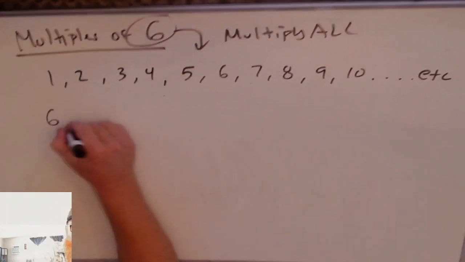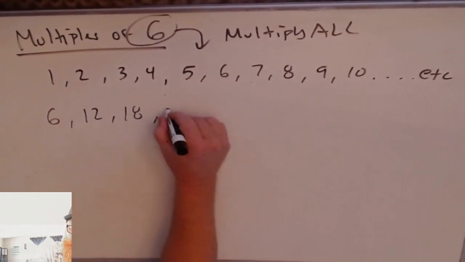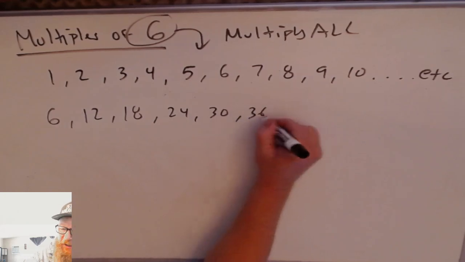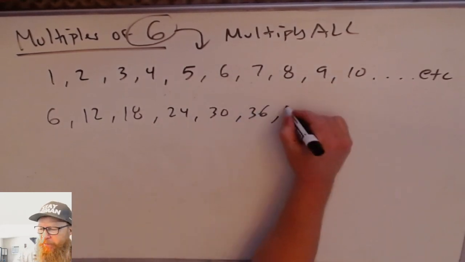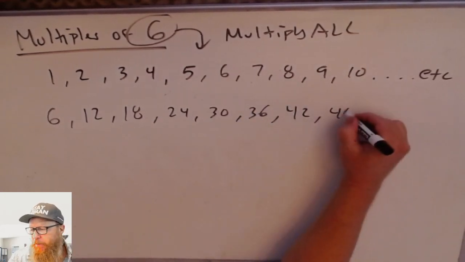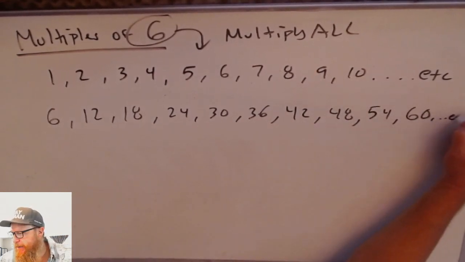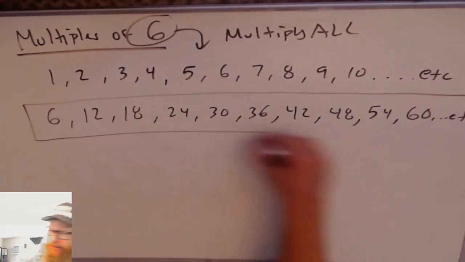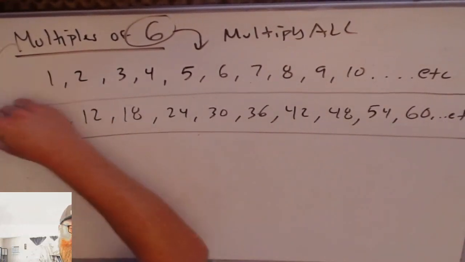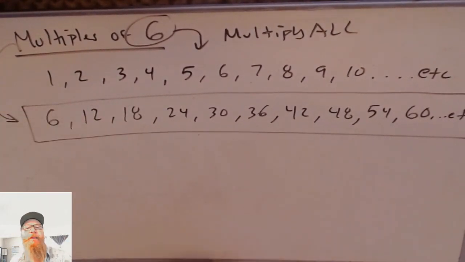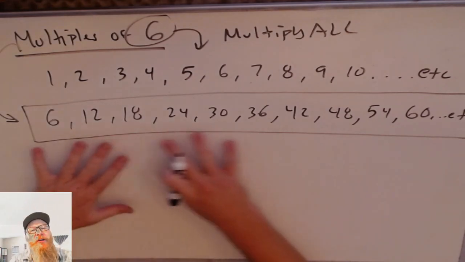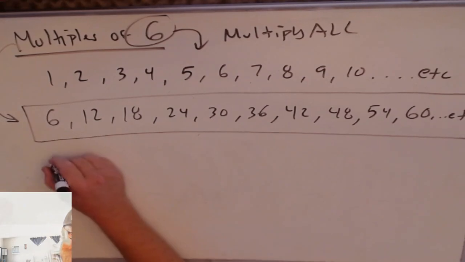So you're going to get 6, 12, 18, 24, 30, 36, 42, 48, 54, 60. So these are your multiples of 6. Now there's not an easy trick for knowing the multiples of 6.